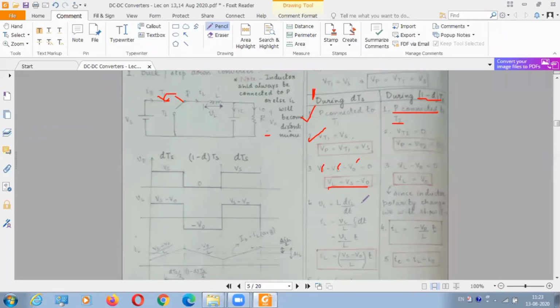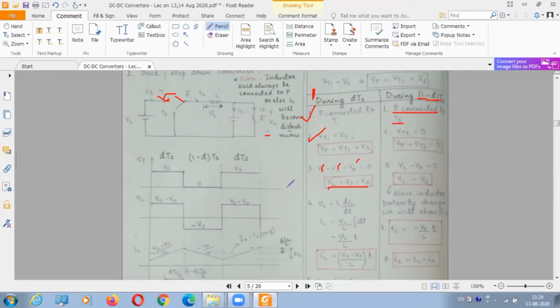So from here you can write IL is equal to, bringing L to this side, VL by L integration of dt, so VL by L into T. Now you have calculated VL as Vs minus V0, substitute it over here: IL is Vs minus V0 by L into T.